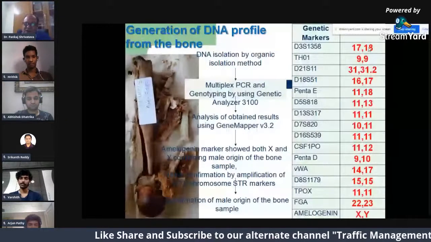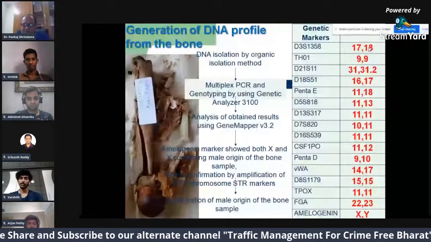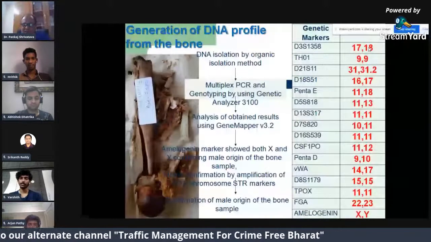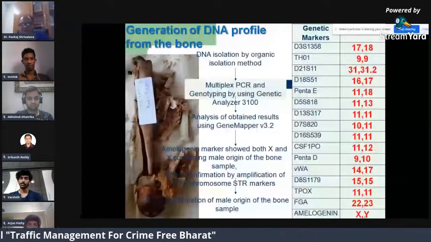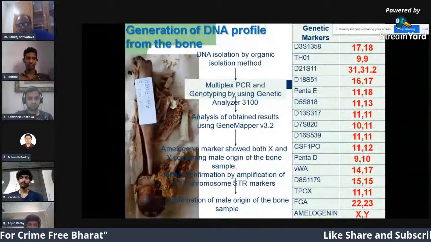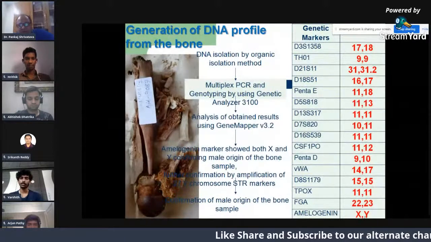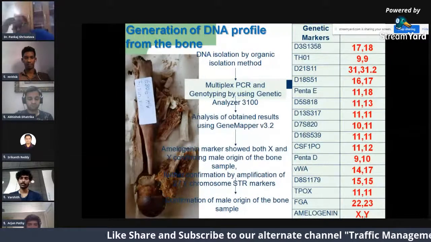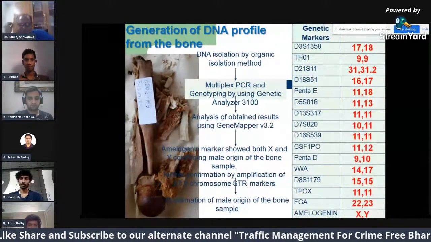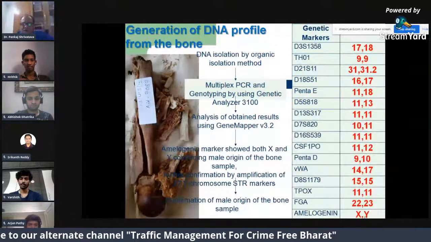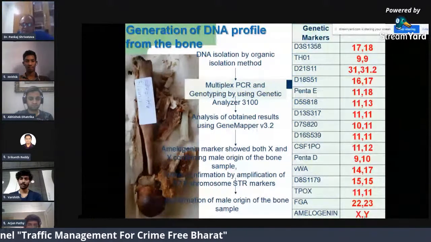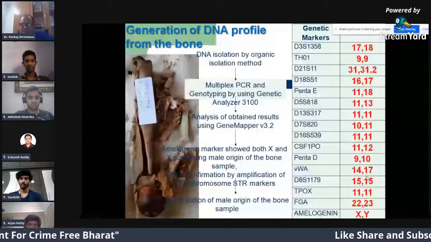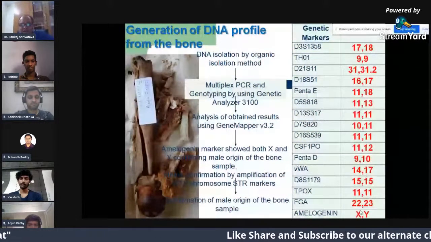One of the markers being tested in forensic DNA is amelogenin, this one. Either this will show you an X profile which will belong to a female, or it will show you a male DNA profile which is XY. So by seeing this, you can see that this profile belongs to a male.